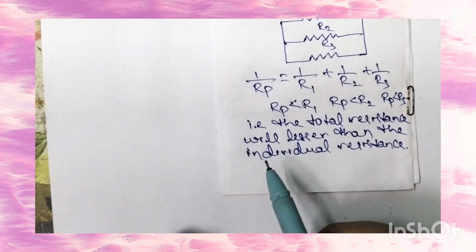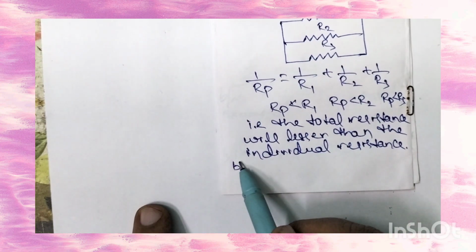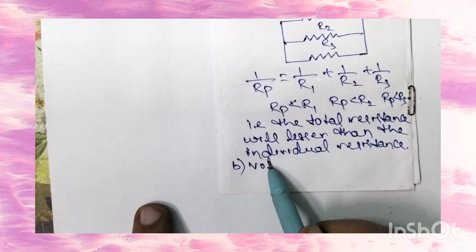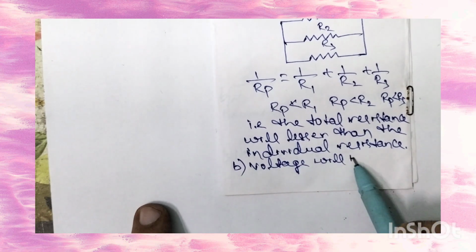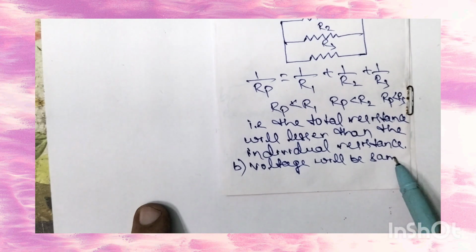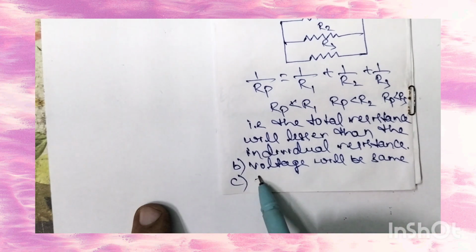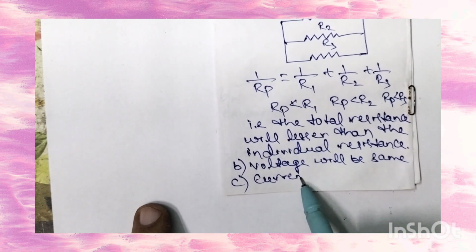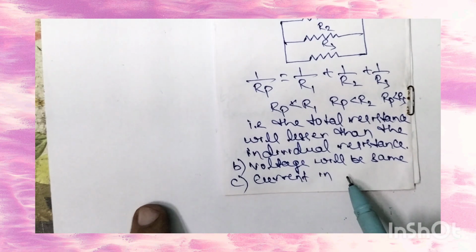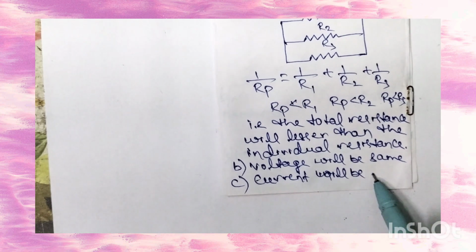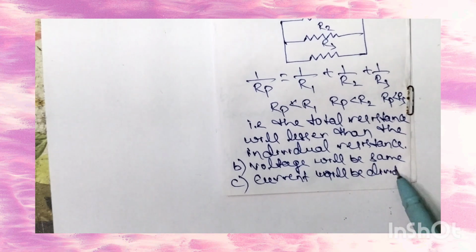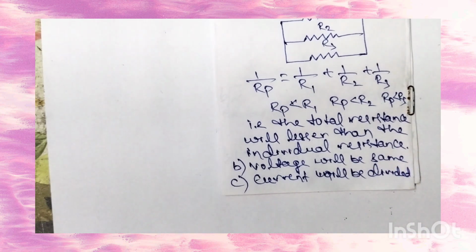Total resistance will be lesser than the individual resistance. One, the voltage will be same. Two, three, current will be divided. In parallel, current will be divided. So this is about parallel.